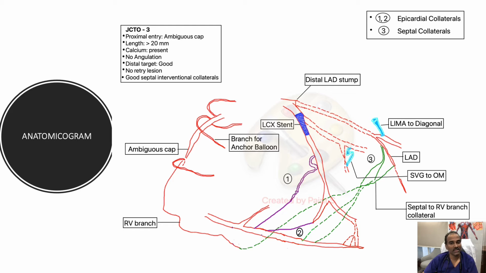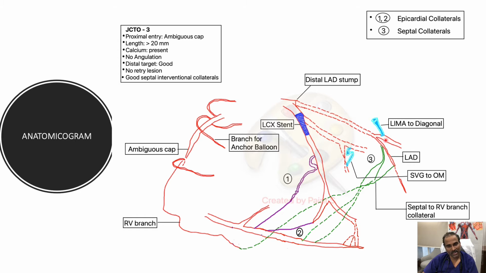So coming to the entire anatomy of this CTO along with coronaries. This is the right coronary artery with mid RCA total occlusion, and if you look at the distal vessel, it is quite good, filling from epicardial collaterals from LCX as well as septal collaterals from distal LAD.